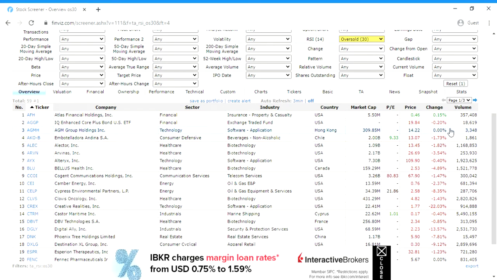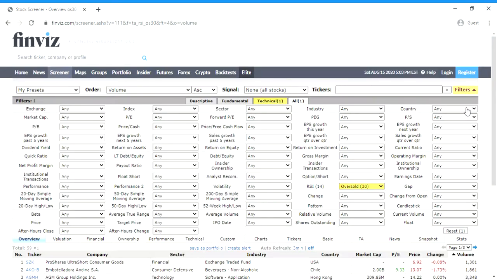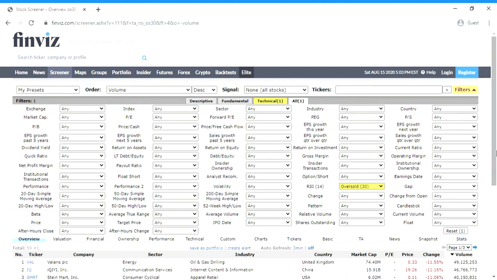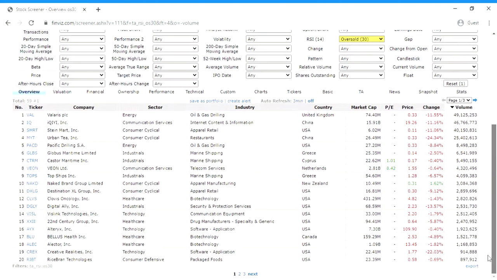And let's start with volume. Let's filter the volume from greatest to least. So we've got some stocks in the energy sector, communications, consumer sector, industrial.